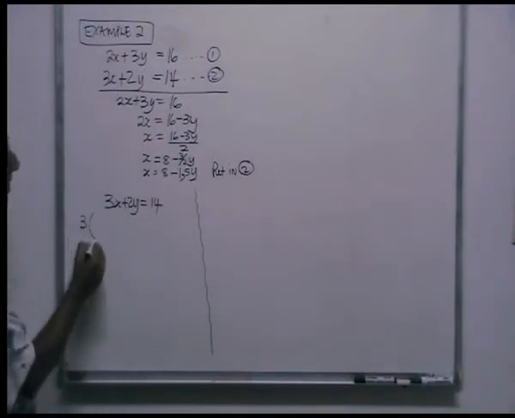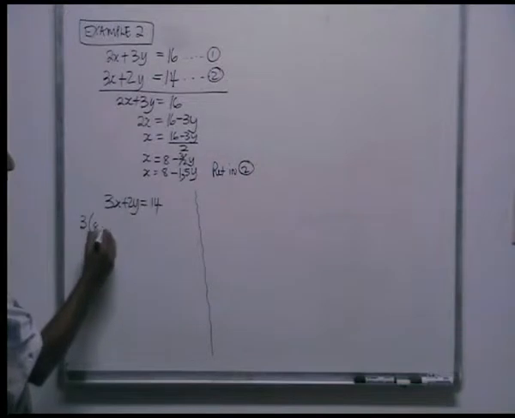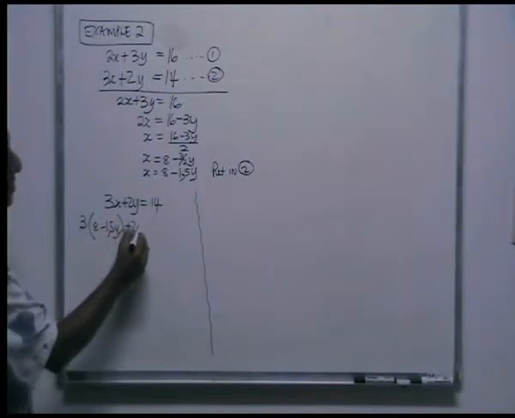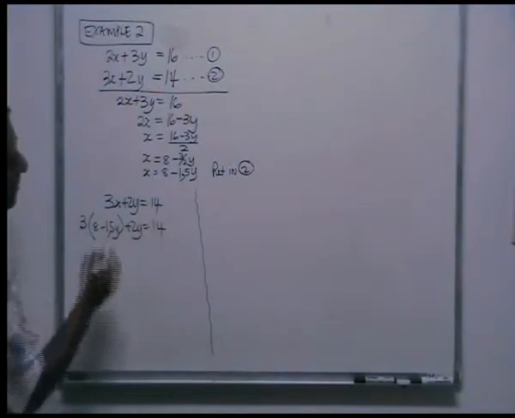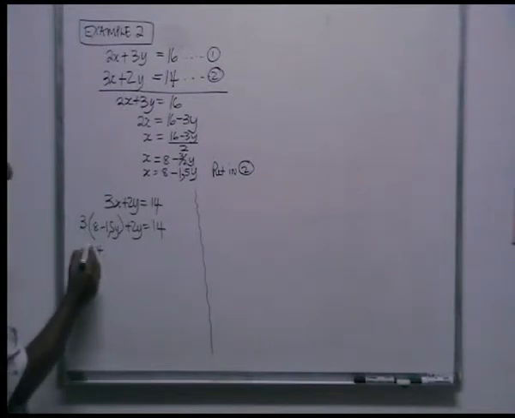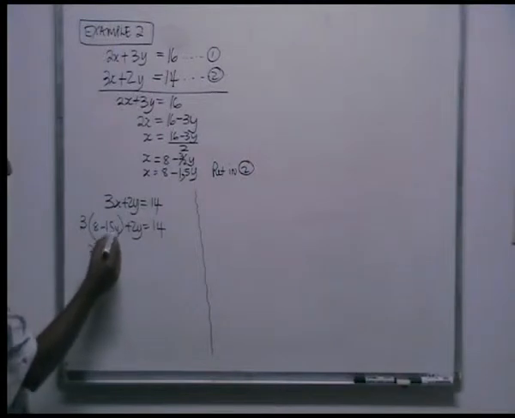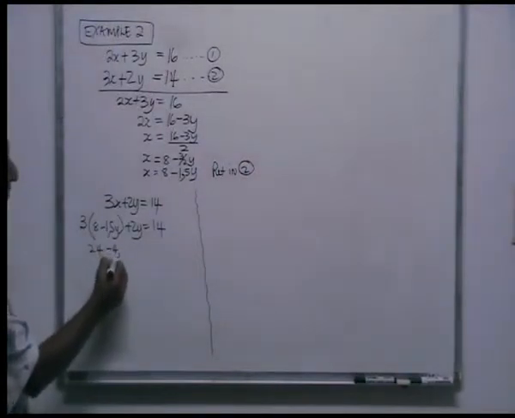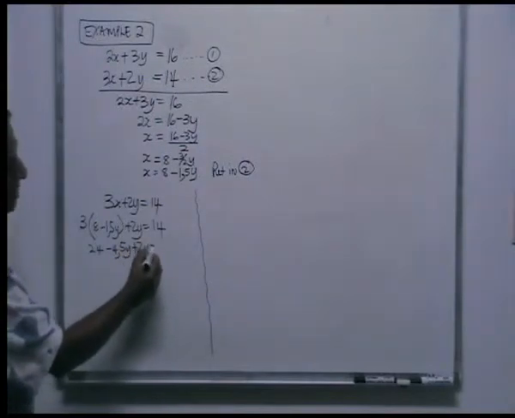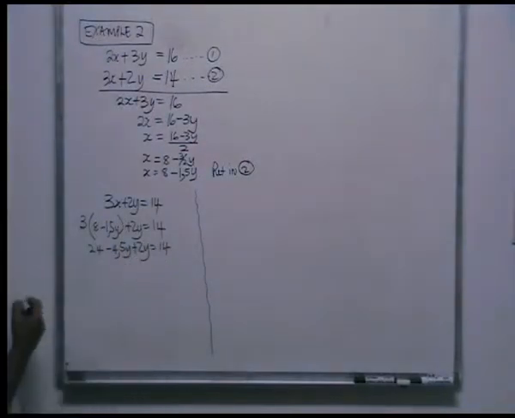So it will be 3 into (8 minus 1 comma 5y) plus 2y is equal to 14. And then 3 times 8 will give you 24. 3 times minus 1 comma 5 will give you minus 4 comma 5y, plus 2y is equal to 14.